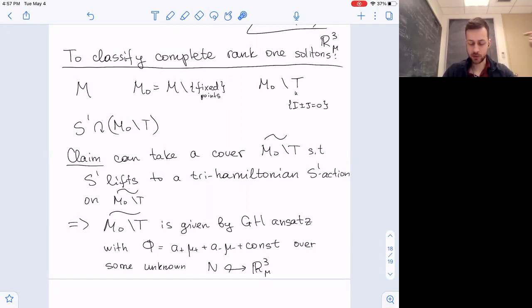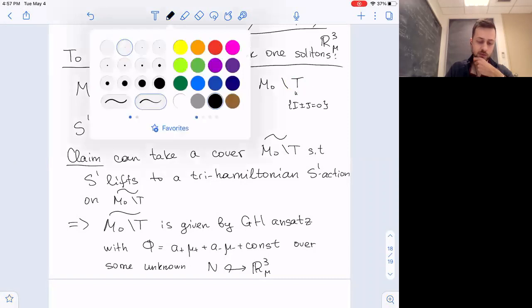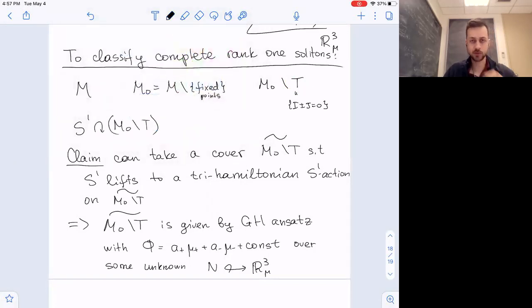We want to understand for which solutions over some base mapped to R3, we can first construct this gadget through the Gibbons-Hawking ansatz, then quotient by some deck transformation group to get back M0 minus T. And then complete it by gluing back first this divisor and then the fixed points, and at the end of the day obtain something smooth and complete. So we want to travel this construction backwards to do the classification.